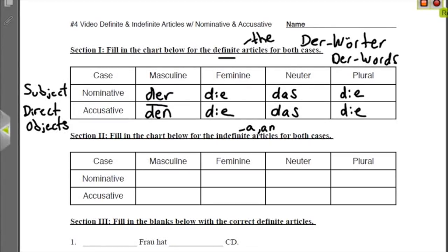So, the ones in the nominative case, you've probably seen these before already. Ein for masculine, eine for feminine, ein for neuter, and the last blank here doesn't make much sense until we get to a later point in this class. Plural nouns are going to require something that is not a or an. You can't say a books in English, and for the same reason you can't say a Bücher or ein Bücher in German.